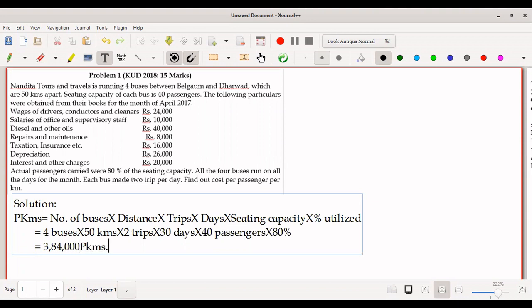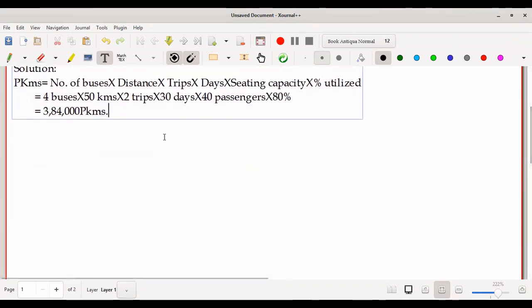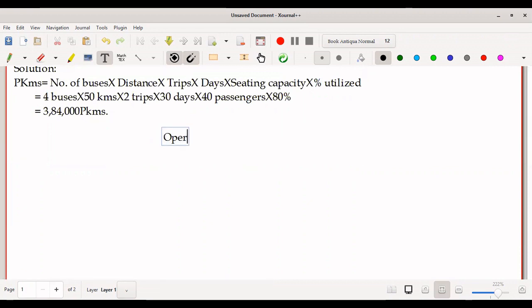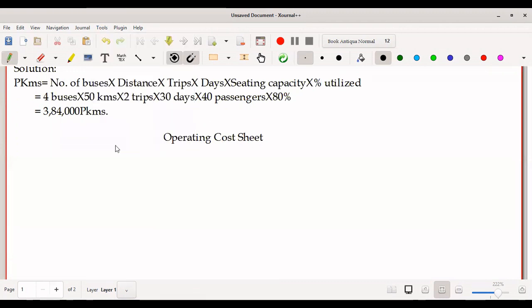So one step is over. Now let's prepare the cost sheet. For the cost sheet, we have to write it here as operating cost sheet. And now we have to draw a line here.